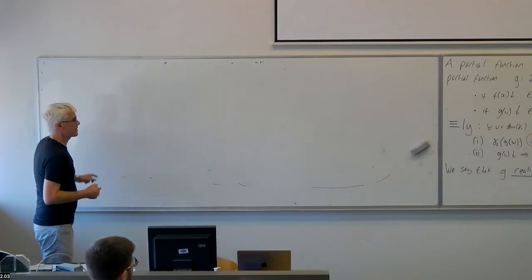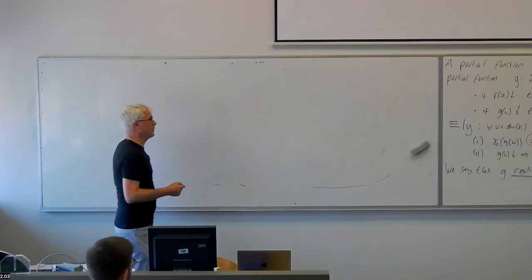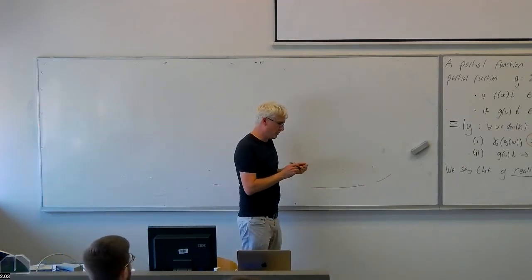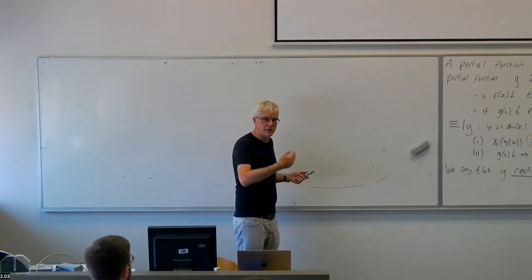So let's carry on. I want to make two observations now. We're in the setting that we're thinking about sets together with representations, and if we've got sets together with representations, we know what it means for a partial function between those sets to be computable.